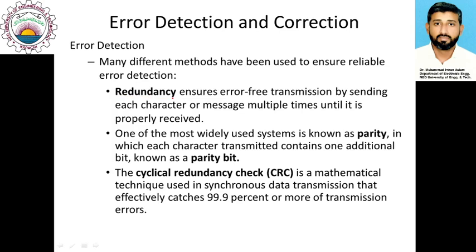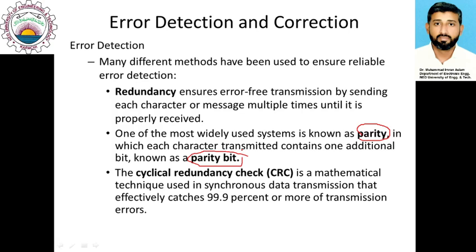Another important and most widely used method is the parity. We add a parity bit to the block of a code, one additional bit which is added according to a certain rule, and that parity bit helps us identify the errors which occur during transmission.